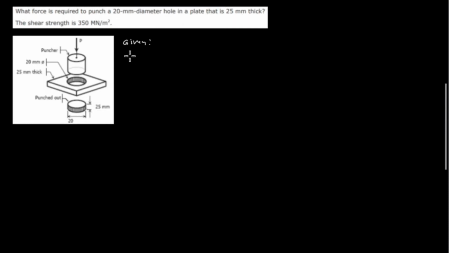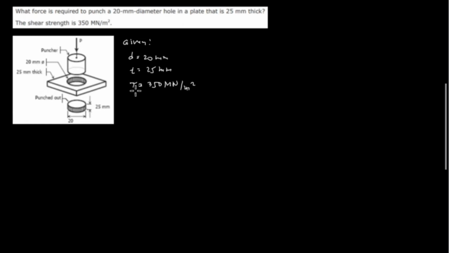The given are: 20 mm diameter hole, or D is equal to 20 millimeter, the thickness of the plate t is equal to 25 millimeter, and a shear strength, or tau, equal to 350 meganewton per meter square.